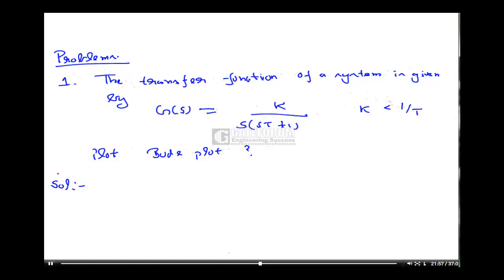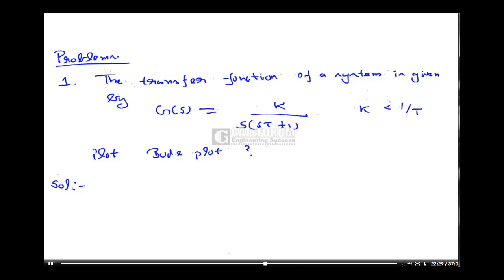Transfer function is given. Now in this transfer function there is one constant K, one pole of first order and one pole at origin. Okay, and it is also given that K is lesser than 1 by T. Now since a pole is present at origin, definitely the initial slope of this function is going to be minus 20 dB per decade because the pole is of single order.